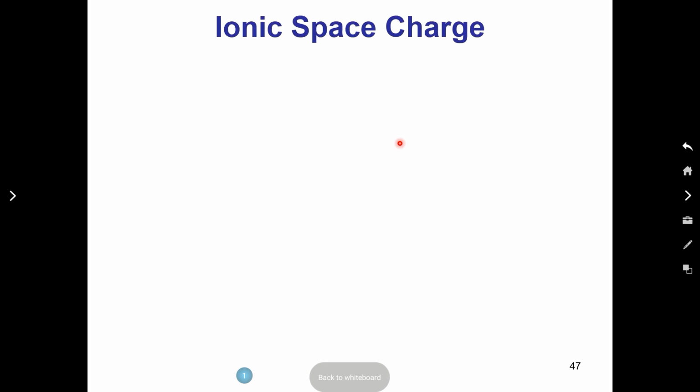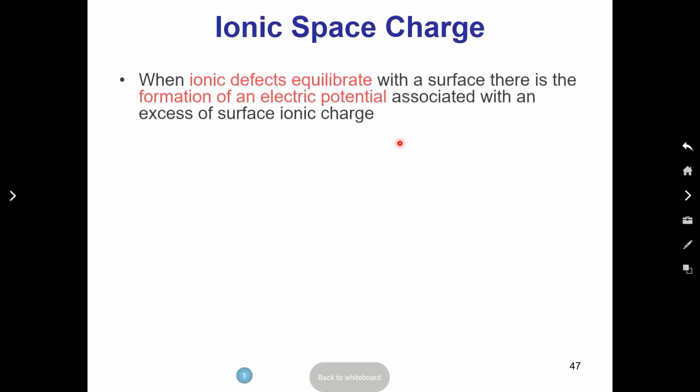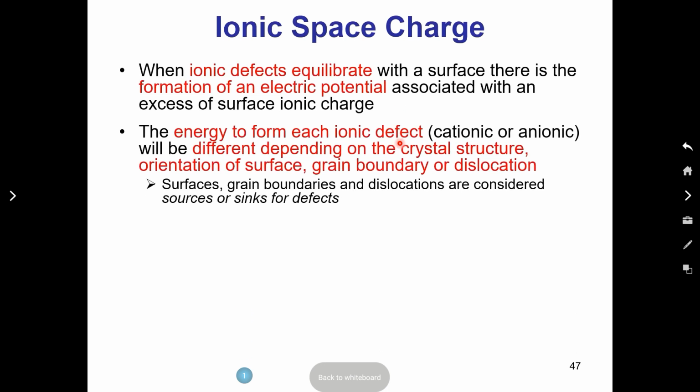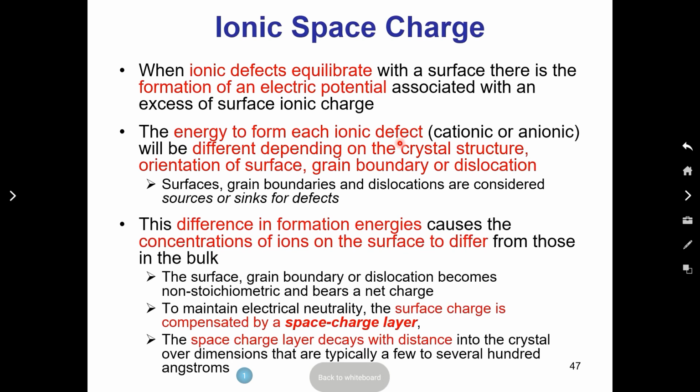In ceramics, ionic space charge is a very common thing. Typically, it happens around grain boundaries. So you'll actually see redistribution of charges across the grain boundary that would be a localized potential created because of the redistribution of charge, and that's typically referred to as space charge again.